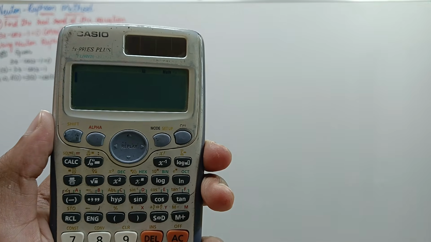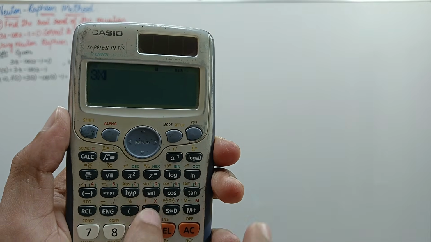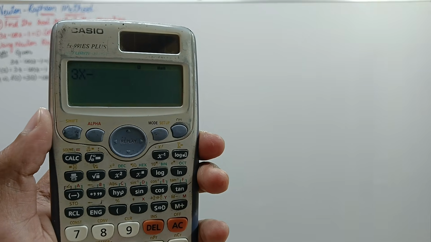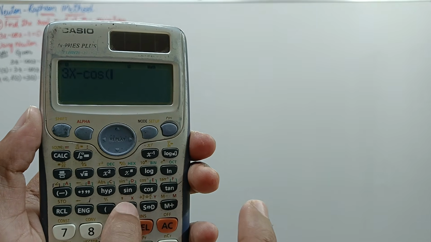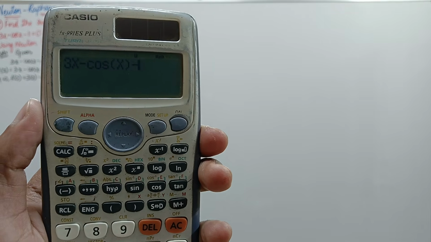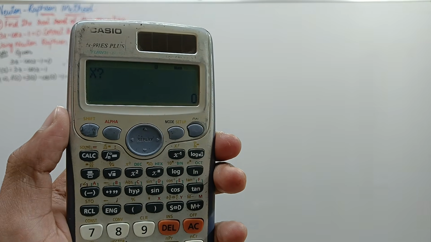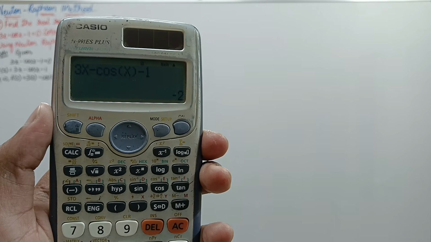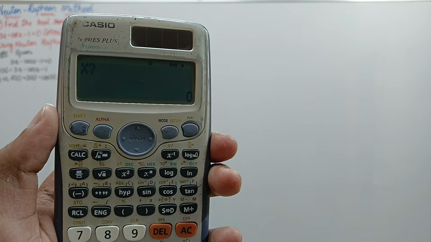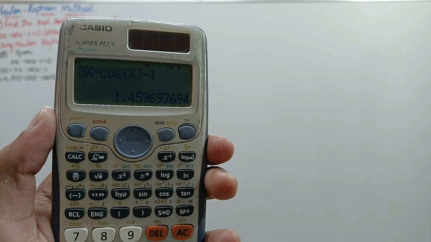Now what are we supposed to do? 3 alpha x minus cos alpha x minus 1. Press calc. Give the value 0. You get minus 2. Next press calc, give the value 1, you get positive 1.